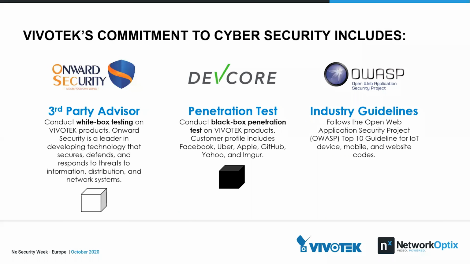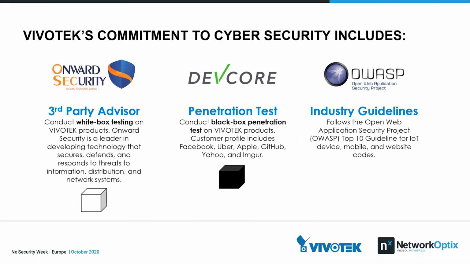The second one is that you need to check the commitment of the manufacturer. As a product, to be sure that it's safe, the manufacturer needs to follow some procedures and rules. For example, at Vivotek, we follow OWASP, which is a guideline for the industry, for devices, mobile or website, to be sure that your code follows some specific security advice. And we also have our products tested by two advisors, Onward Security and DevCore, for two kinds of tests, white box testing and black box testing.